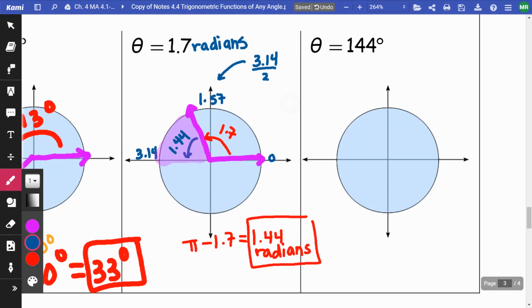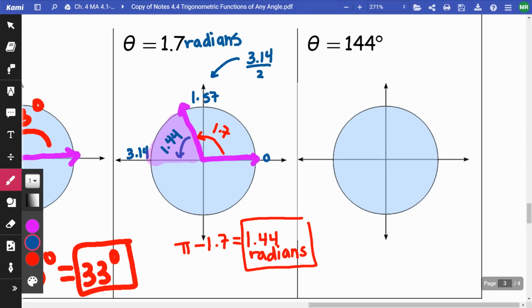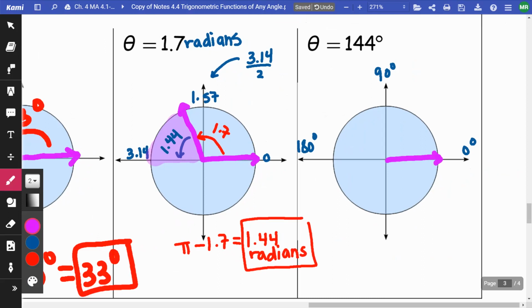Now, the next one is in degrees. It's 144 degrees. So this is 0, this is 90 degrees, and this is 180 degrees. So we're going to be in quadrant 2. So I'm going to go from here, not quite to 180. And so going from here to here is 144 degrees.